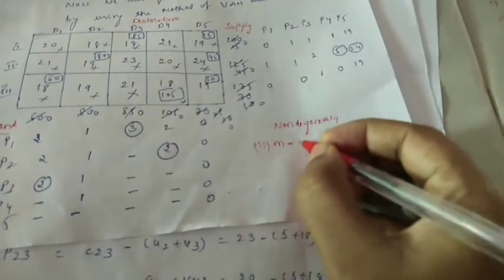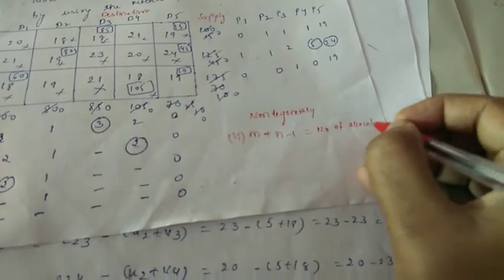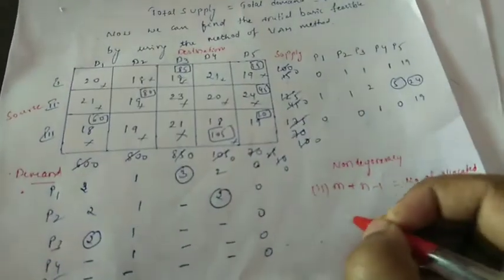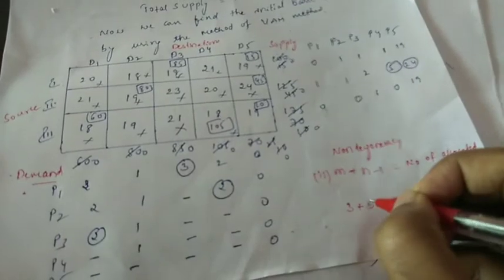Non-degeneracy. M plus n minus 1 is equal to the number of allocated cells. Here the number of rows is 3, and the number of columns is 5, minus 1.